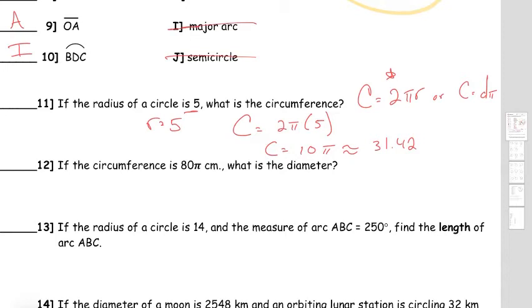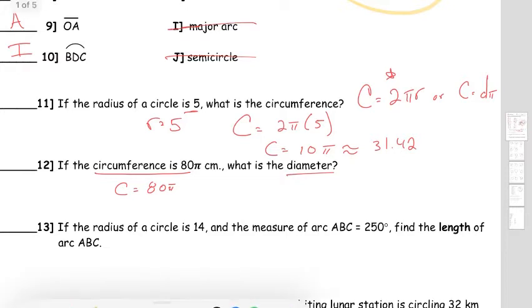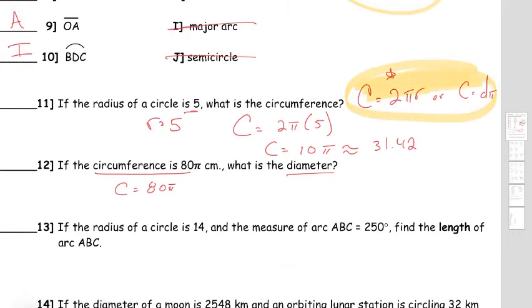Moving on. They're telling you that the circumference, C, is equal to 80 pi, and they want to know the diameter. Here we can refer back to the two equations that we put up here. Notice how one of them has diameter in it, the other one has the radius in it.